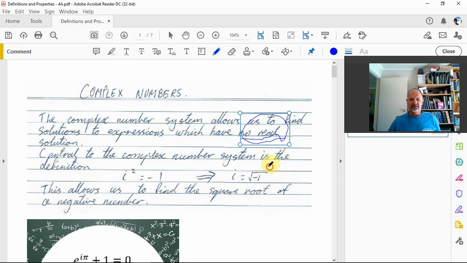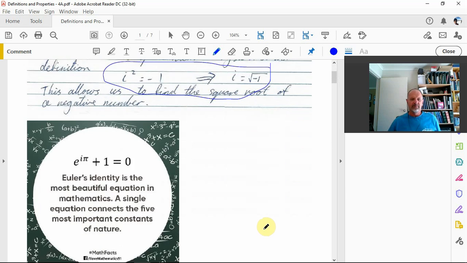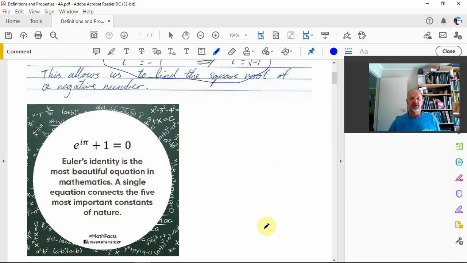Now, this bit here, i squared equals -1 and i equals square root of -1, that's where this comes from. Here is Euler's identity. This is how he wrote it: e to the i pi plus 1 equals 0. That's really where it all comes from.